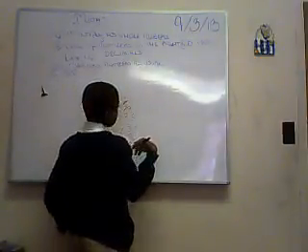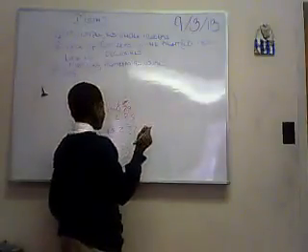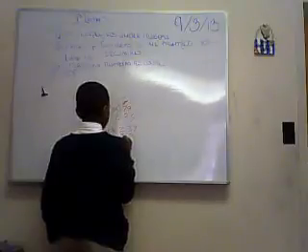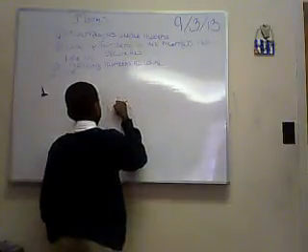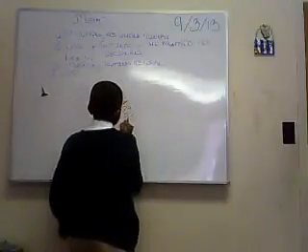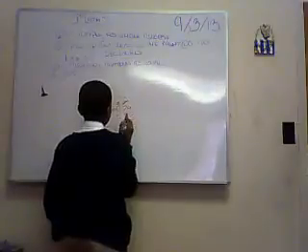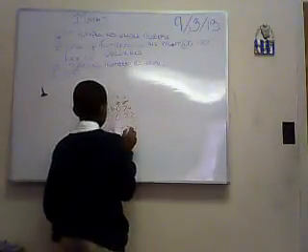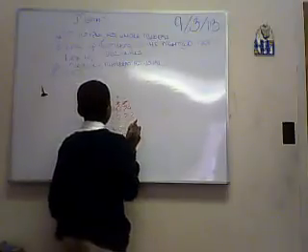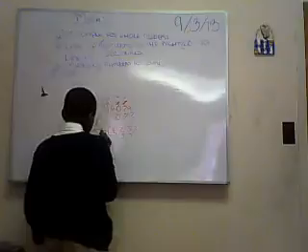7 times 5 is 35. Plus 4 is 39. Who's listening? 5 times 0 is 0. 5 times 6 is 30. 5 times 1 is 5.